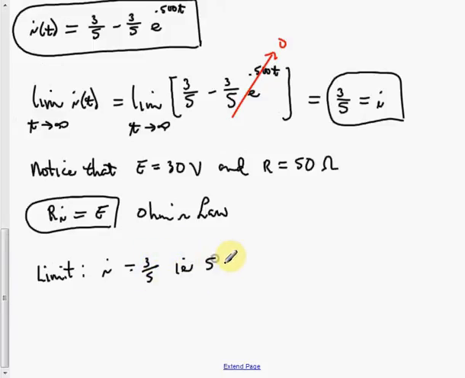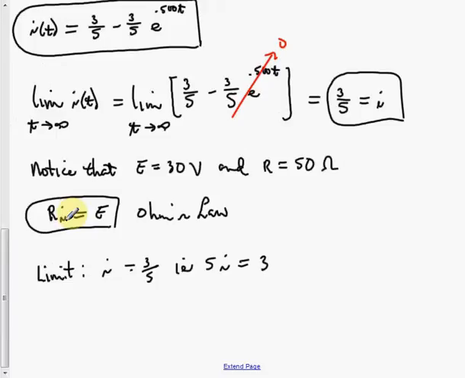That is 5 times I was equal to 3. And isn't that what we have here? Yeah. So it's the limit of this current that gives us Ohm's law.